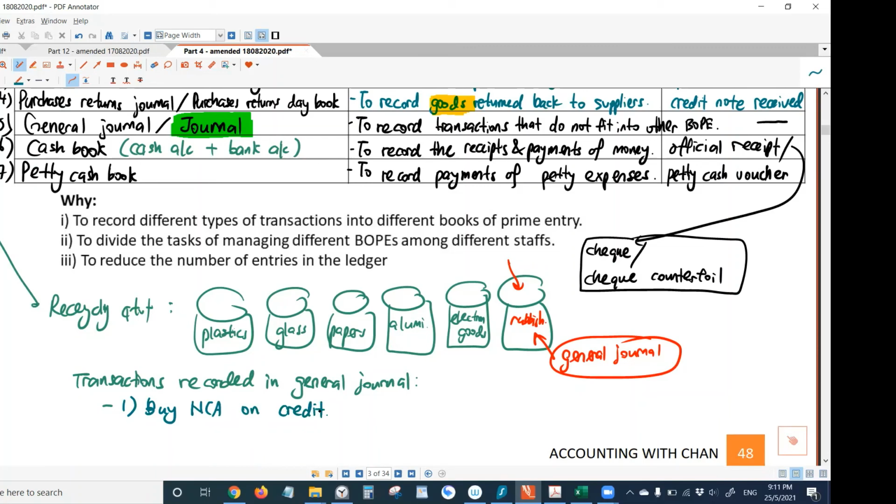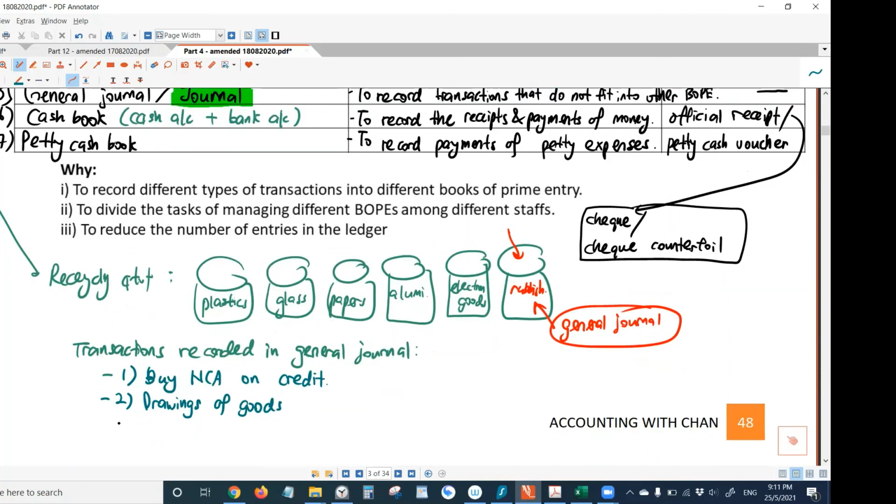You record this into general journal. Number 2, drawings of goods. Number 3, starting a business. Starting a business is also an event in business. We call them opening entries. Very soon I will show you how to record.